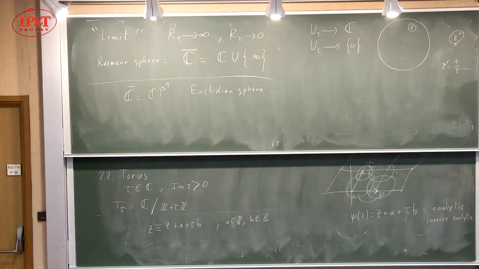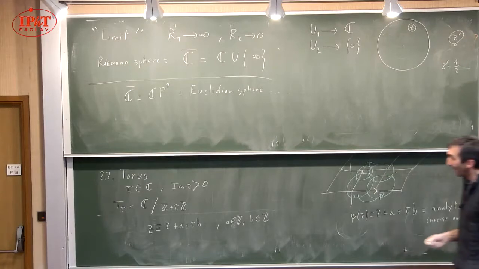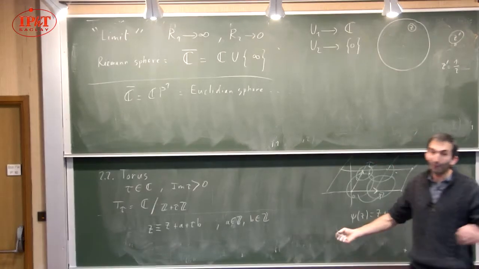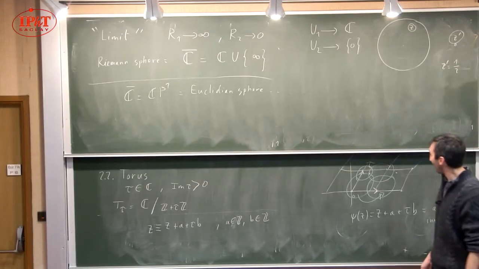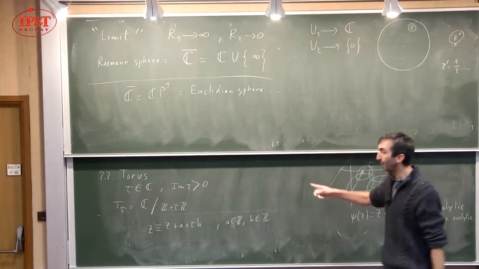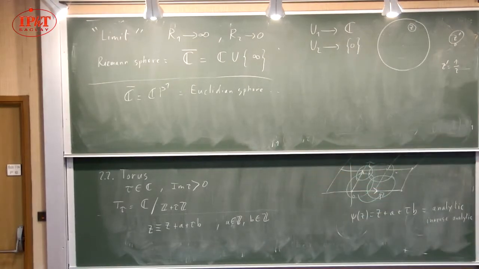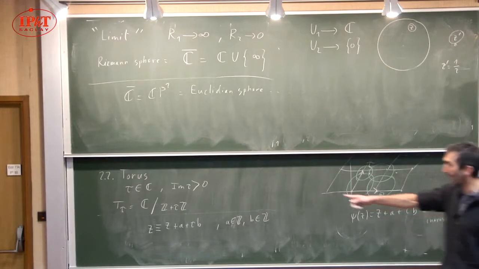And to answer the previously asked question, two tori are not necessarily isomorphic. So if you consider the equivalence class of atlases that you can put on this torus, it will not be equivalent to the equivalence class of atlases that you can put on another torus of different tau.